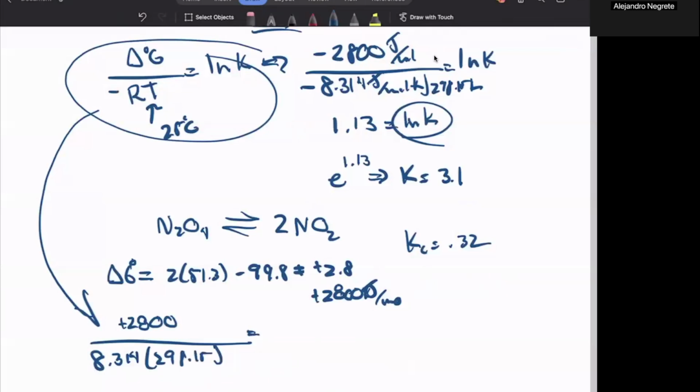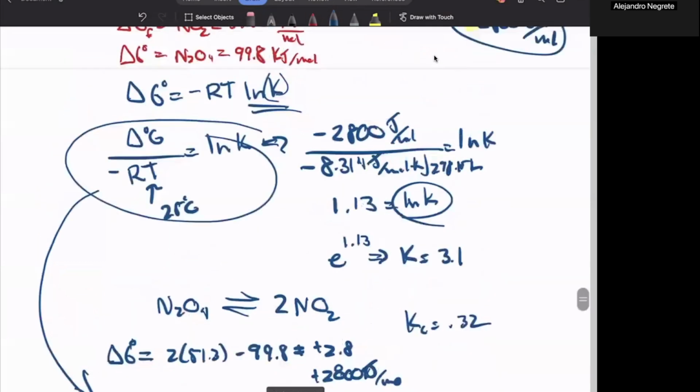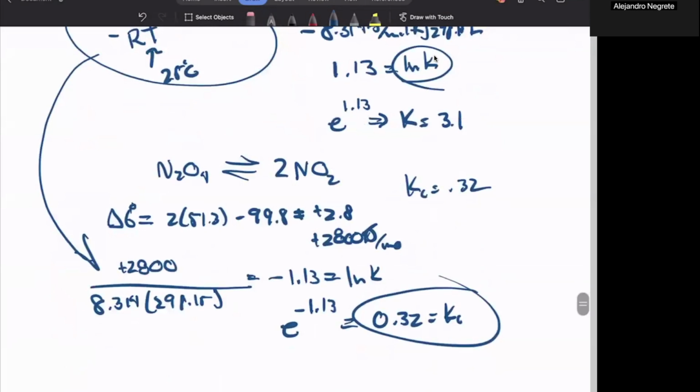And this is equal to a negative 1.13, which is equal to the natural log of K. If we do e to the negative 1.13, this equals the 0.32 in the textbook. That shows 0.32. So now we have experience doing it both ways.